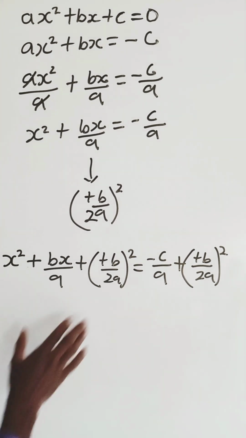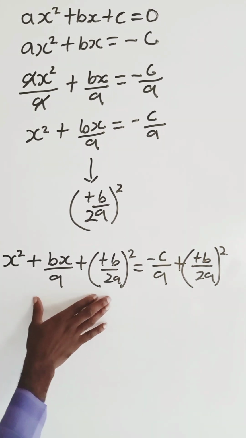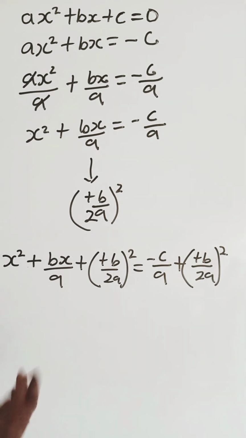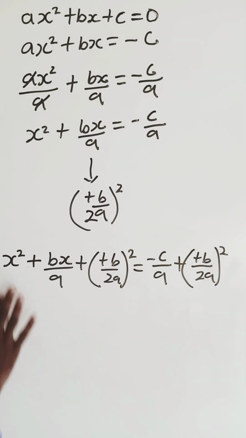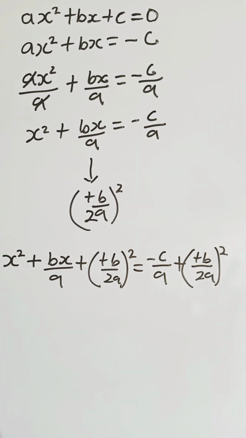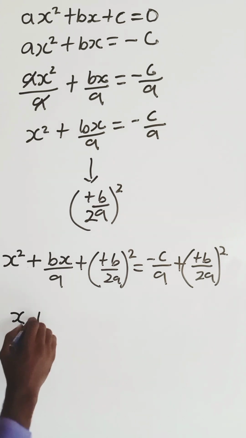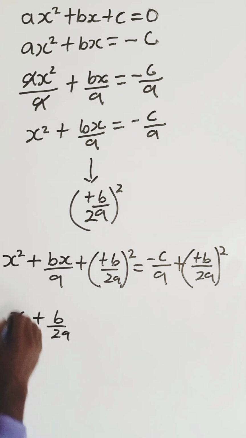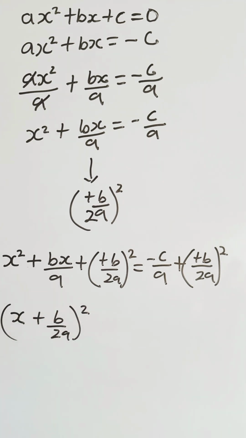Now, remember, I always say that this expression here, you can check my previous video, is an expansion of two numbers, or is the expanded form of two numbers. And the numbers are the two numbers having the power of what? 2. We bring them together, x plus b all over 2a all squared.